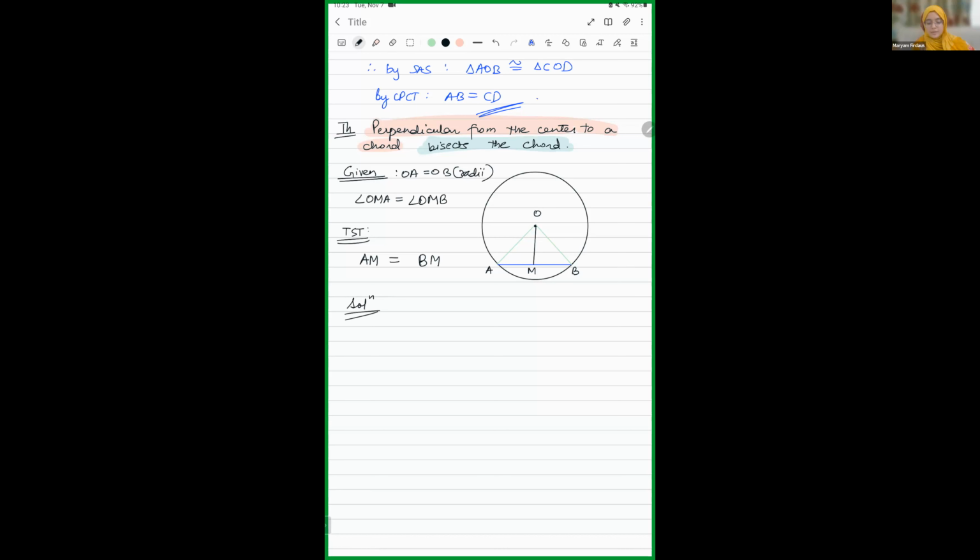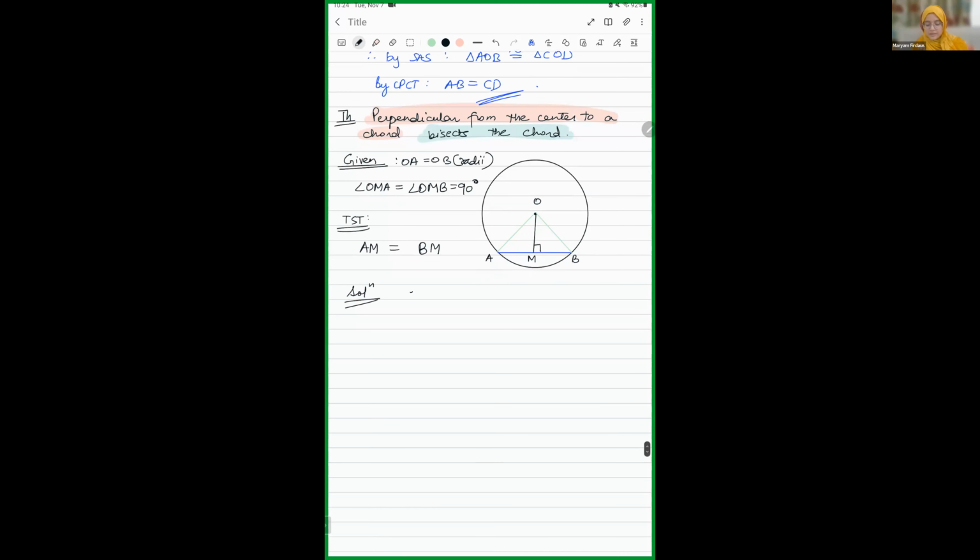Abdul Jabbar, what will be the measure of this angle? 90 degrees. Good, Avni. It will be 90 degrees because it is perpendicular. Perpendicular means 90 degrees. So now, in these two triangles, triangle OAM and triangle OBM, please write it. OA is equal to OB, radii.